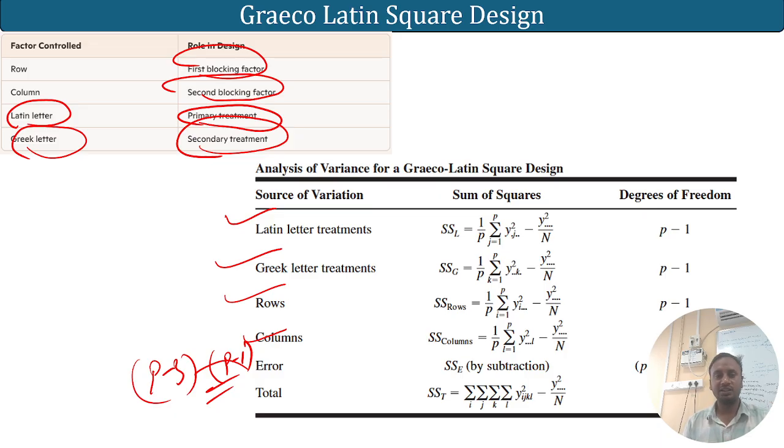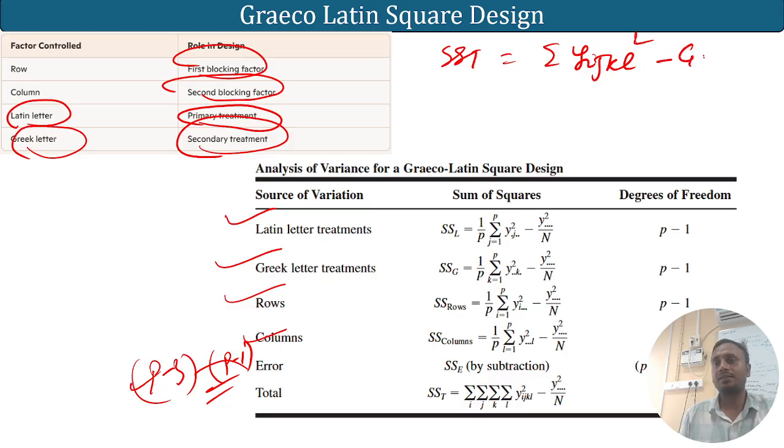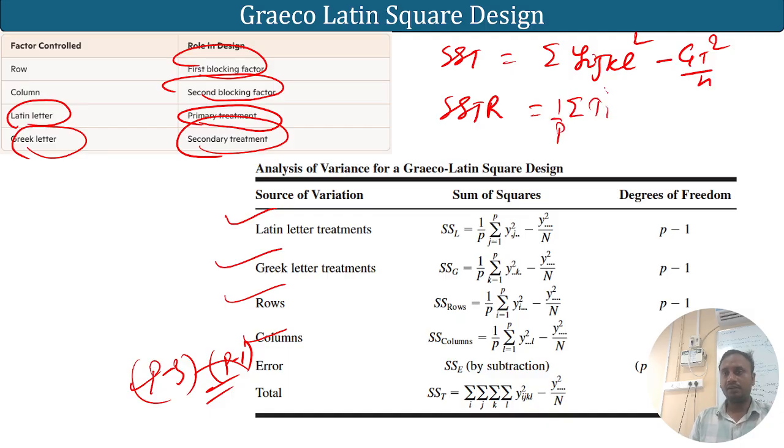SST will become the summation of Y ijkl square minus grand total square by N. SSTR, the Latin treatment, is 1 by p times P1 square plus P2 square and so on, minus GT square by N.